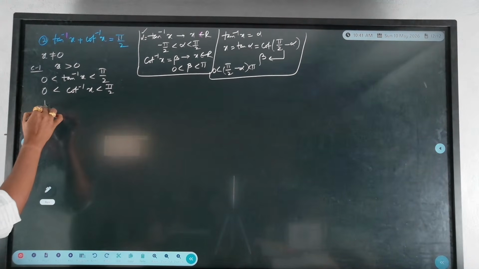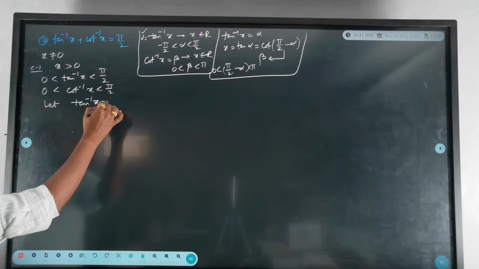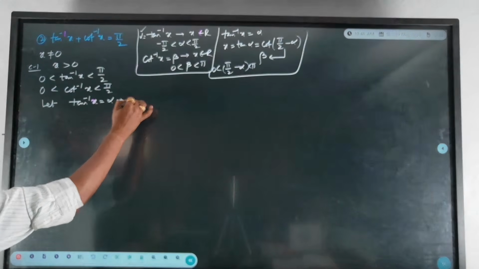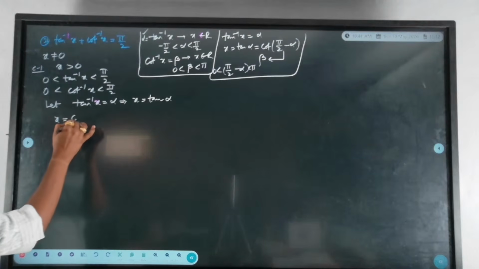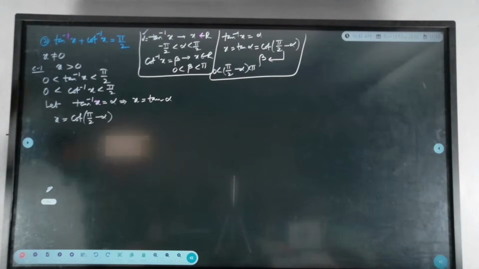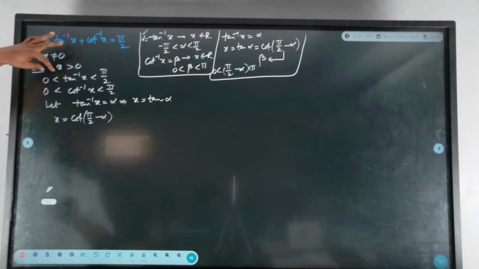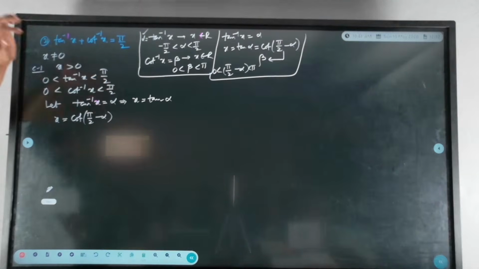Now let tan inverse x is equal to alpha, then x is equal to tan alpha. So x is equal to cot of 90 minus alpha. What we have to check is alpha between 0 to pi by 2. What about 90 minus alpha? That is also in between 0 to pi by 2. Is it possible or not?